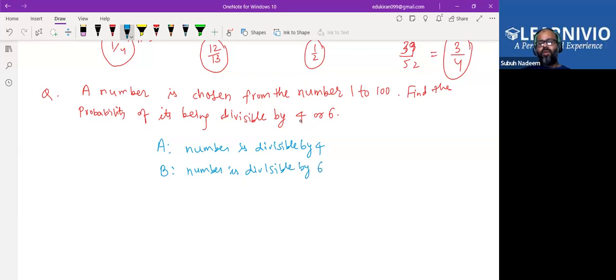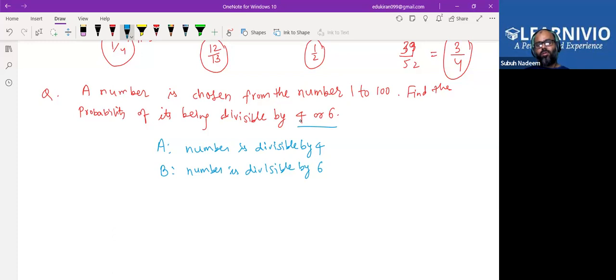Okay. But what we have to find out is the number which is divisible by 4 or 6 from 1 to 100. This is what we have to find out.